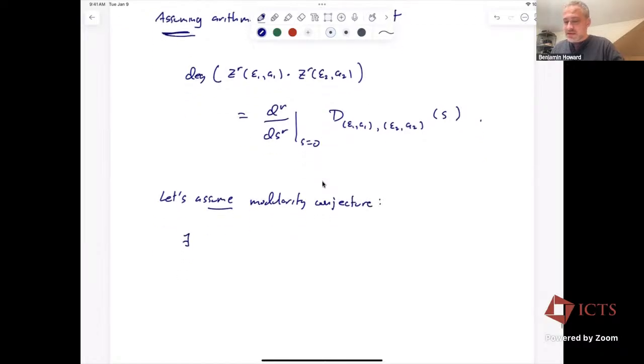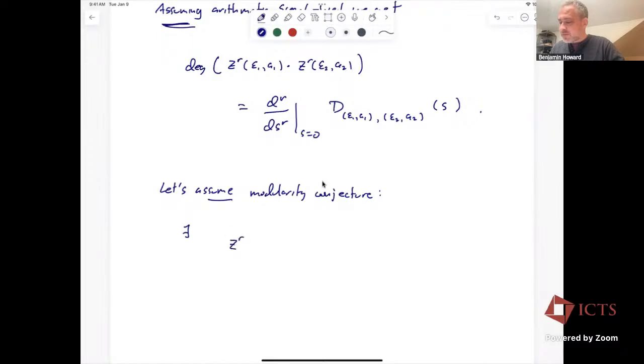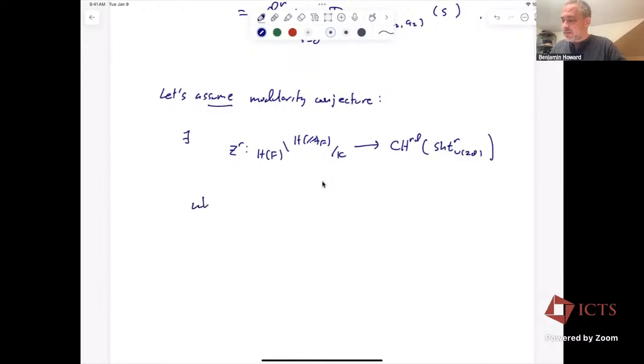There exists an automorphic form, Z_R, on our unitary group, unramified, valued in the Chow group of U2D Shtukas, whose Fourier coefficients are the special cycles, whose E, A coefficient is Z_R(E, A) for all E and A.